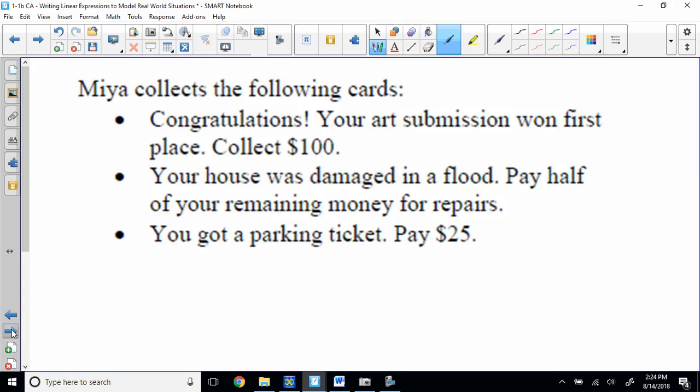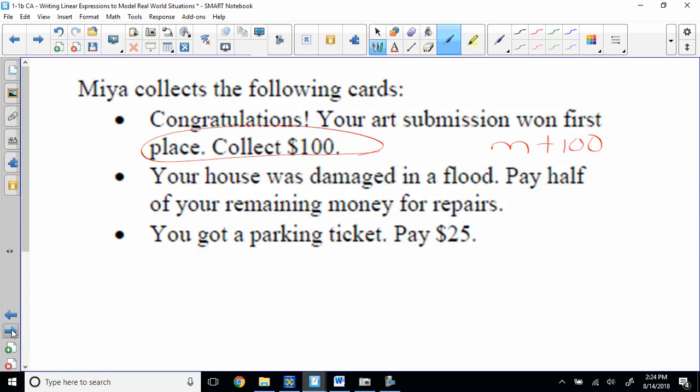M. You're exactly correct. M, because we don't know how much that is, do we? We just know it's some amount, right? So some unknown amount is going to be notated by M. So what are we doing with that M? When she wins this $100, what happens to the M? That's exactly correct.